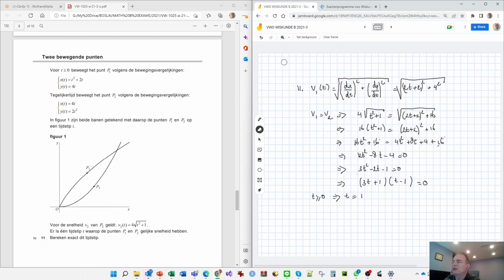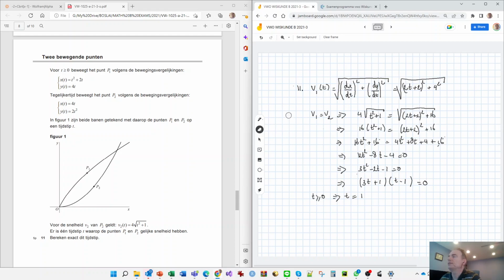They already give that. Then they say that there's a certain time for which these 2 points have equal speed, and calculate that.